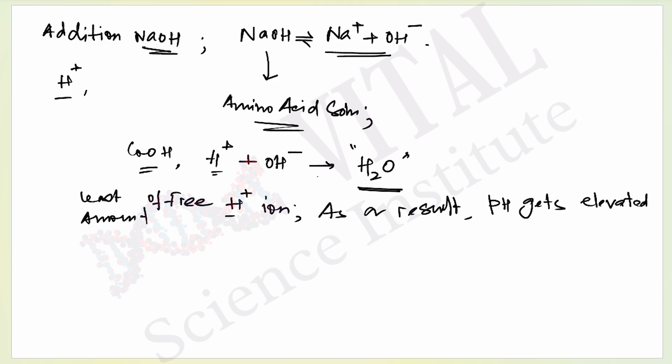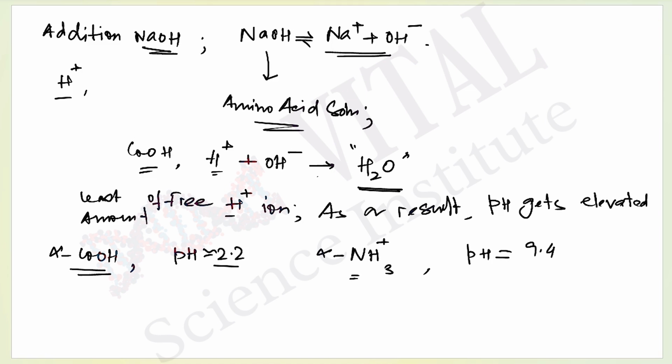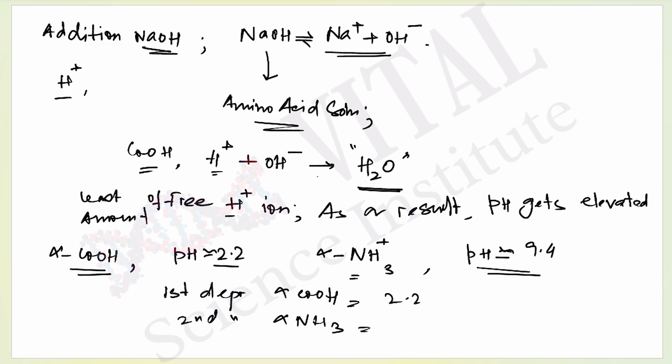We all know that for the alpha carboxyl group, the deprotonation starts from approximately pH 2.2. After the entire carboxyl group gets deprotonated, the deprotonation of the alpha amino group starts at about pH 9.4. So the first deprotonation is of alpha carboxyl, the second of alpha amino. This one is near about 2.2, this one near about 9.4.